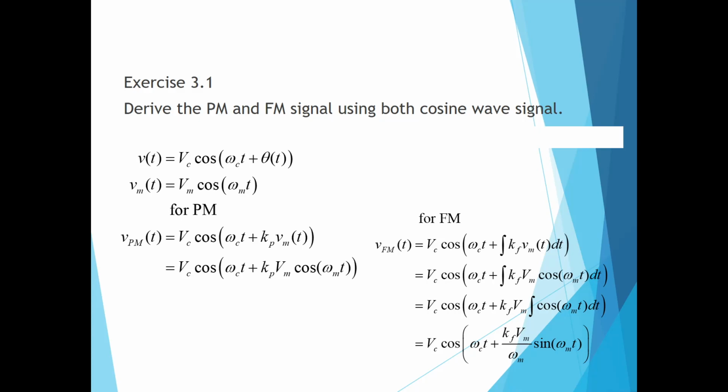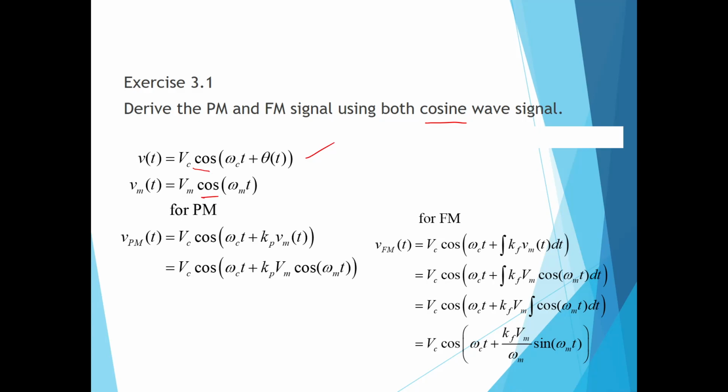Exercise 3.1. Derive the PM phase modulation and frequency modulation signal using both cosine wave signals. The question asks you to define the FM and PM equation using cosine. You are given the general equation in terms of cosine and the modulating signal in terms of cosine.